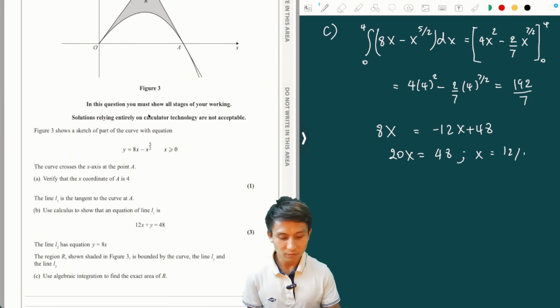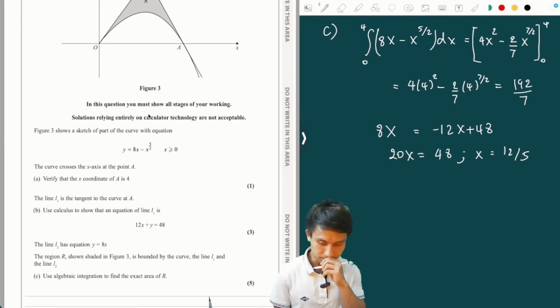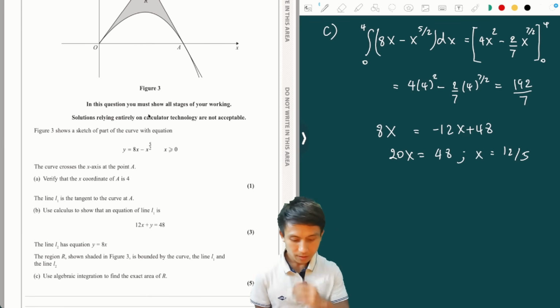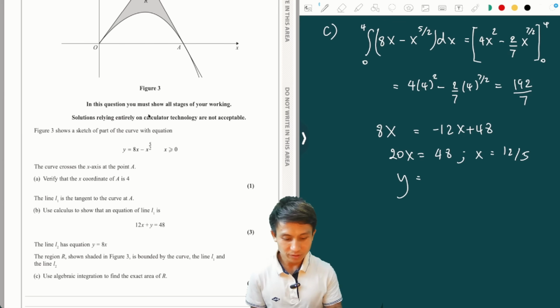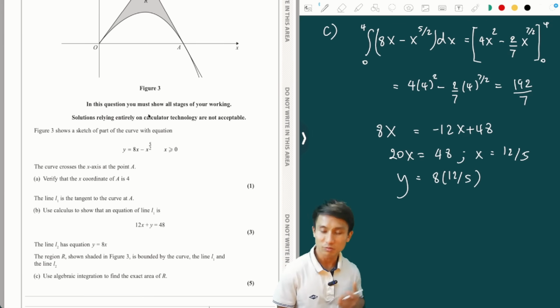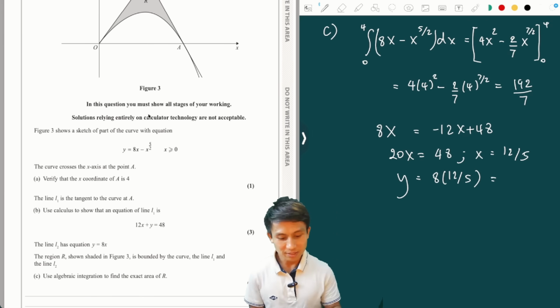So we get 12 over 5. Yeah. And then if you want to calculate the y value, we just substitute x into 8x maybe. One of them will work, yeah? Either. Yeah, both of them should work, sorry. So that is 96 over 5, yeah?